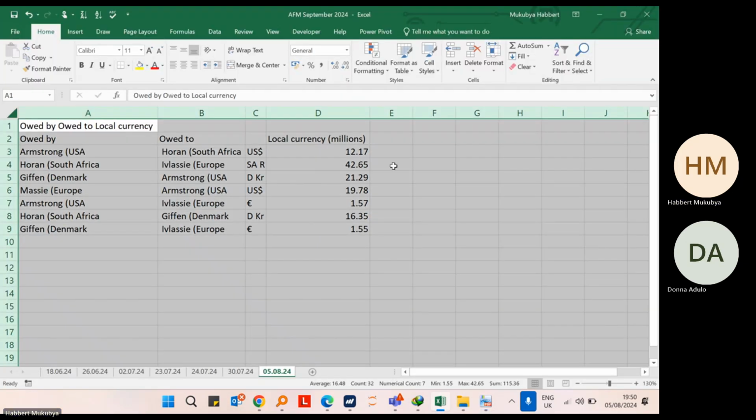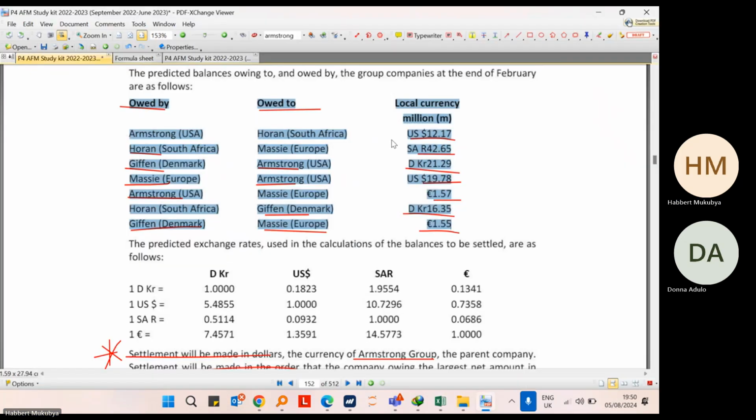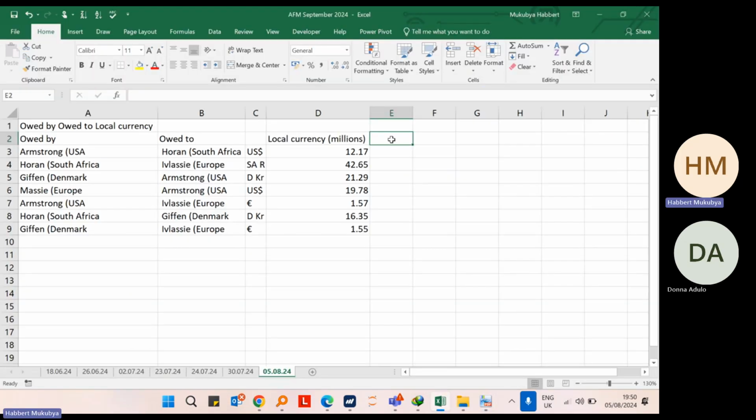Now we need to convert them to amounts in dollars. So let's convert to dollars, and let's say we are going to use millions also. Of course, these ones are going to stay the same because they're already dollars. What about rands?